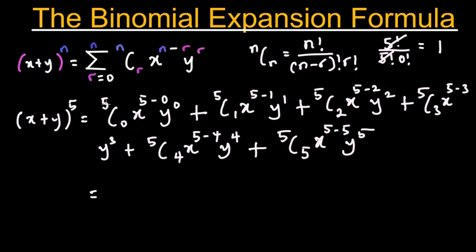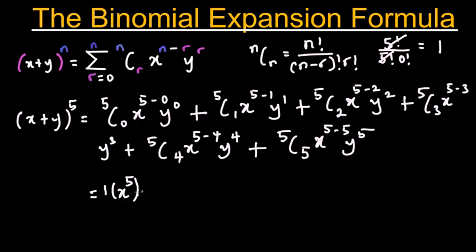So whenever you have a number combination 0, it is always going to be 1. So here we have 1 multiplied by x to the power of 5 minus 0, that will be x to the power of 5. And anything raised to the power of 0 is 1, so y to the power of 0 is 1.